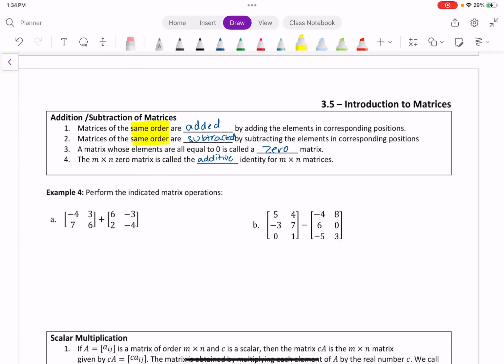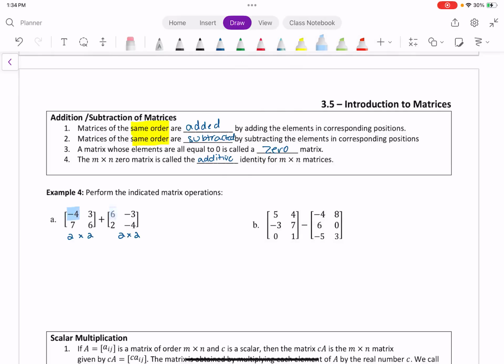Let's jump into example 4 and perform the indicated operations. We're going to be adding, and we need to have the same order. So this is a 2 by 2 matrix, and this is a 2 by 2 matrix. Therefore, we can add, and all we need to do is add corresponding elements.